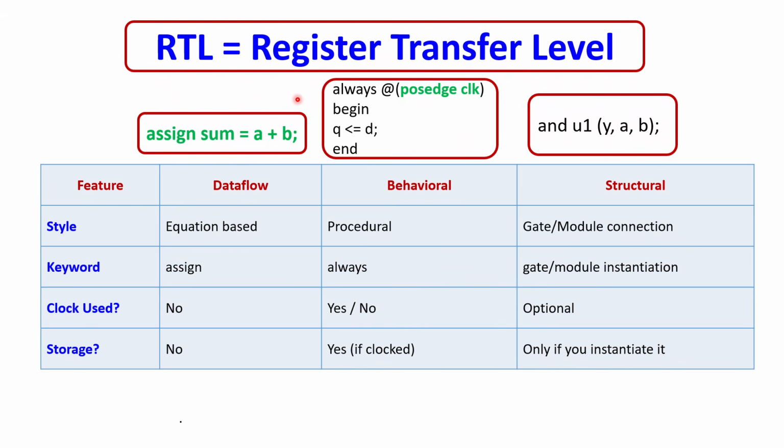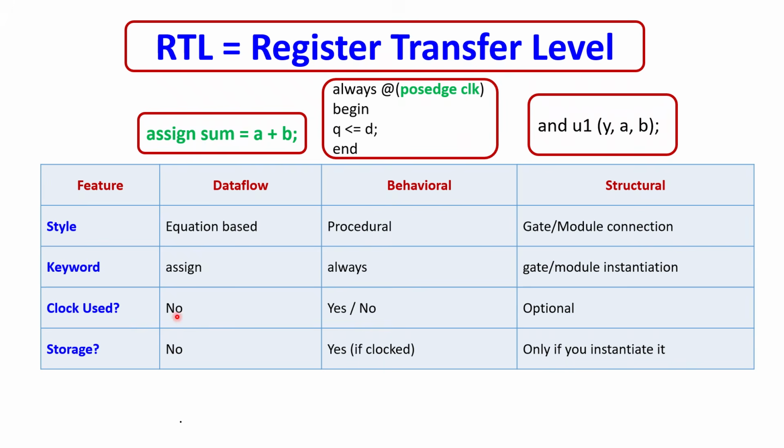So look at this table, students. We have compared all the things. The first one is style. The data flow style is equation based, behavioral style is procedural based, and structural is gate based. And the keyword for data flow is assign, for behavioral always, and for structural it is gate.